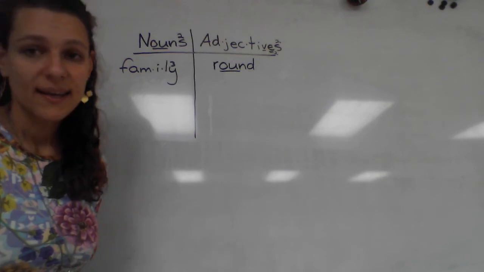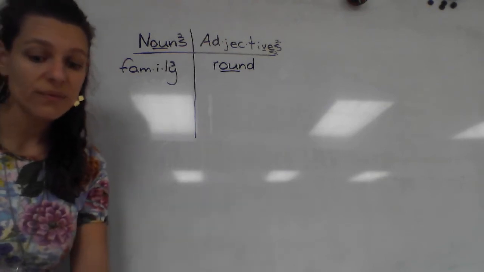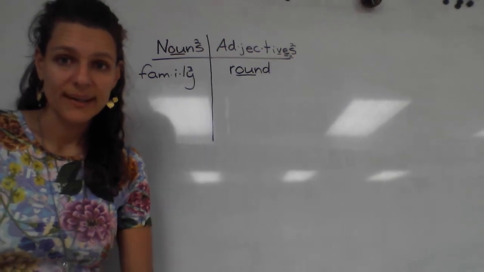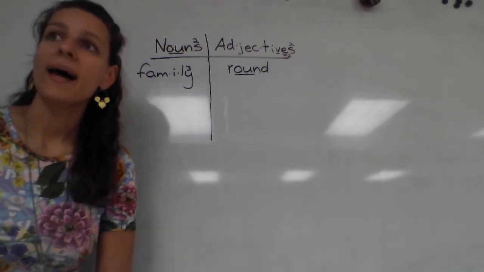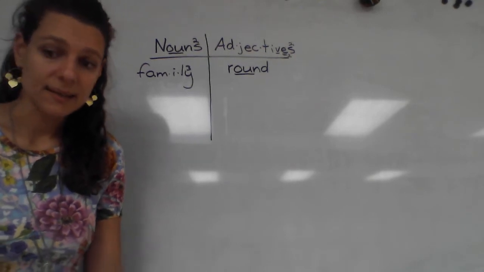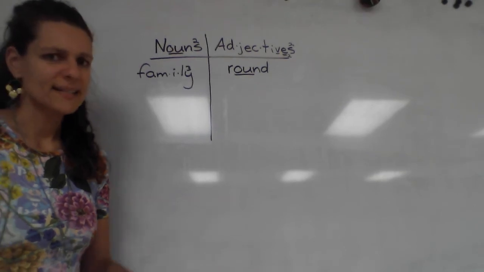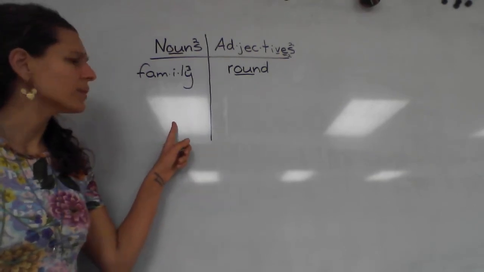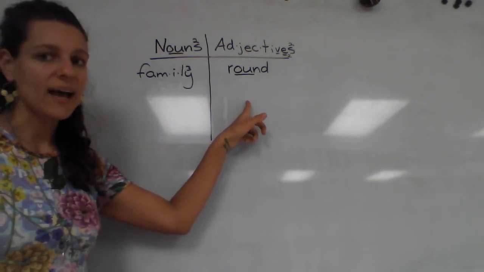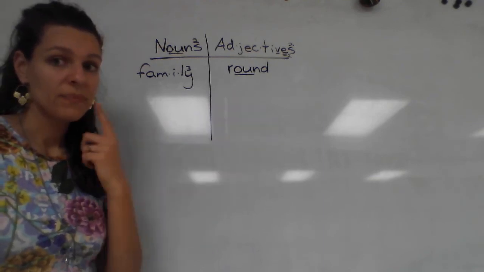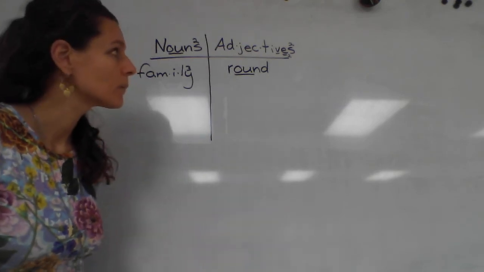All right, the next word we're going to put on our chart is the word four, or fower, as we were saying it to spell it. I have 4 cookies. Fower. All right. Is fower a person, a place, or thing, or does it describe a noun? Let's listen to the sentence. I have 4 cookies.